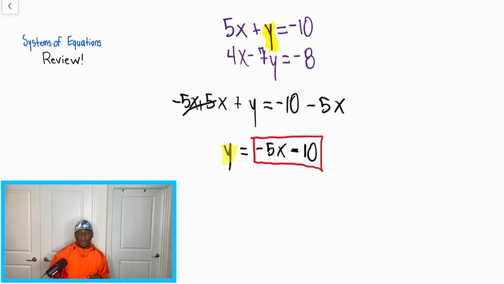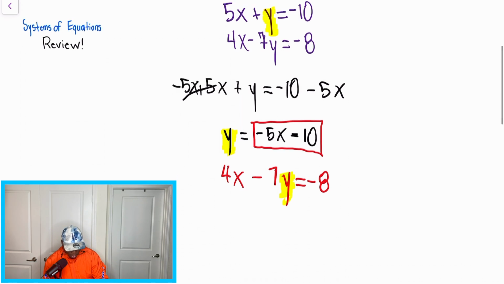With substitution, the very first step is we want to make sure that we get one of the variables by itself. And now that we've done that, we solved for the variable, we now want to go to the second equation. So let's write the second equation out again. With this second equation now, guys, wherever I see y, I'm going to replace it with negative 5x minus 10.